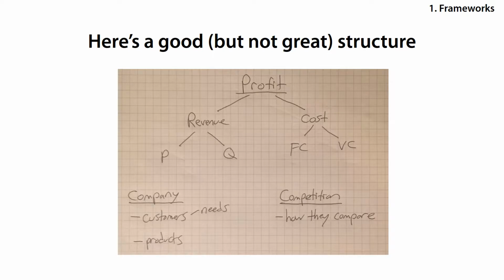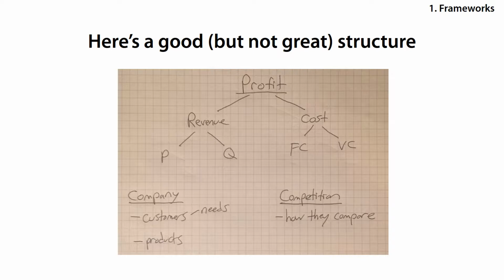Okay, now I'm going to talk through an example of a good, typical case structure. Okay, I'd like to start by breaking down profit into its component parts and also take a look at our company and the competition. So profit breaks down into revenue and costs. And for revenue, I'd like to understand the pricing and how that's changed over time.